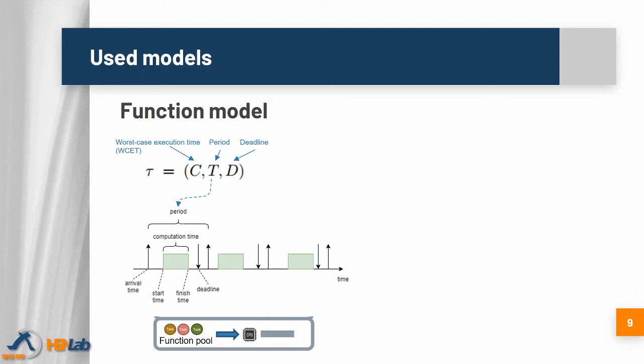The period gives us the time between two arrivals. Between the time when the CPU starts and finishes the execution, this interval is the computation or execution time of the function. Finally, the function, if it's a real-time one, must be executed before its deadline. The non-real-time functions have no such requirement.